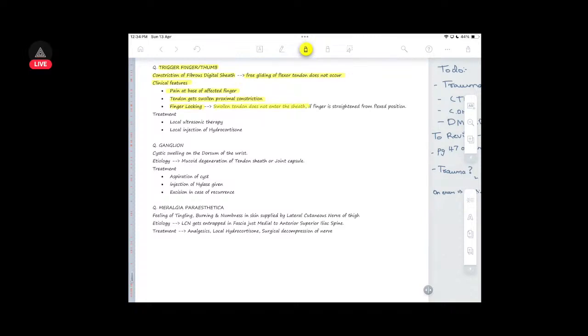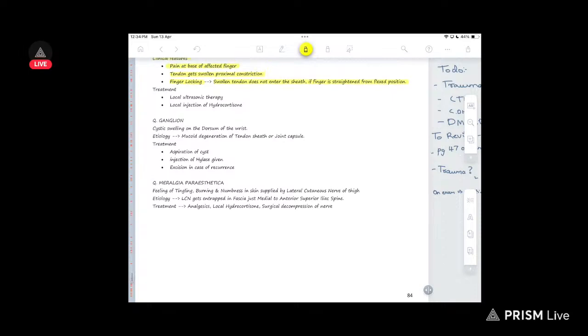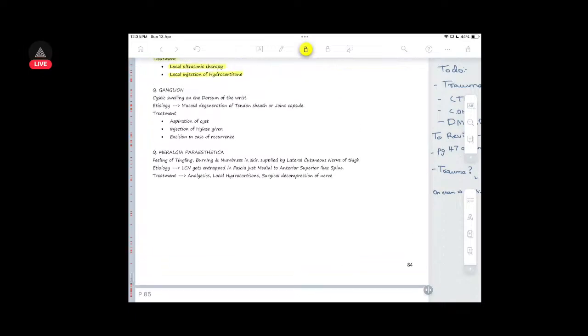The swollen tendon does not enter the sheath when the finger is straightened from the flexed position. The finger will get locked. For treatment, you have local ultrasound therapy and local injection of hydrocortisone.